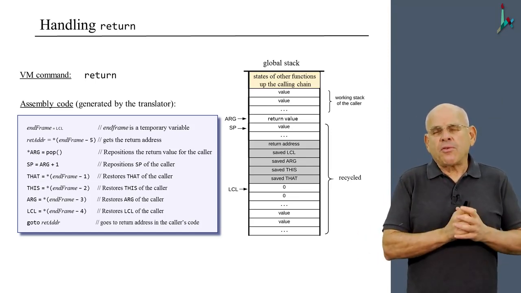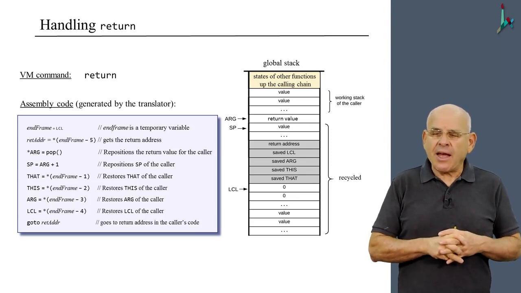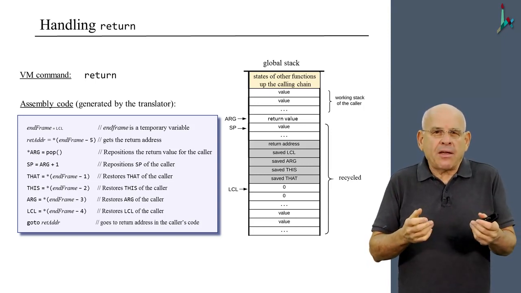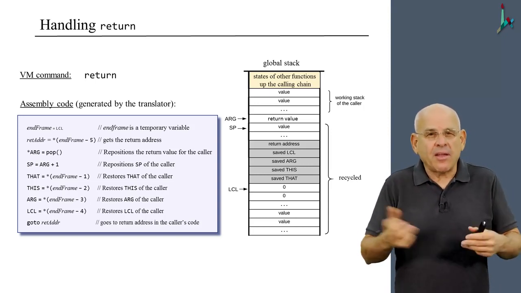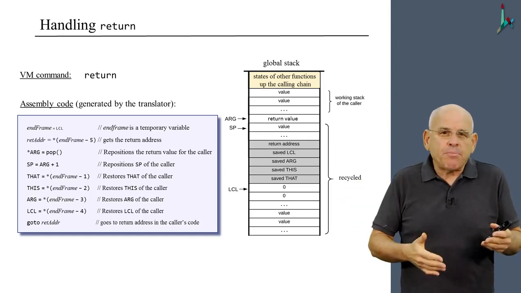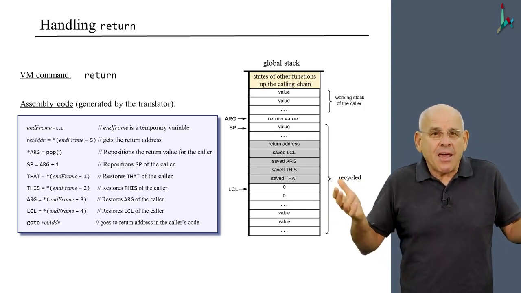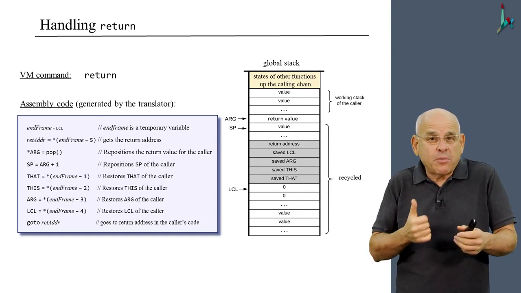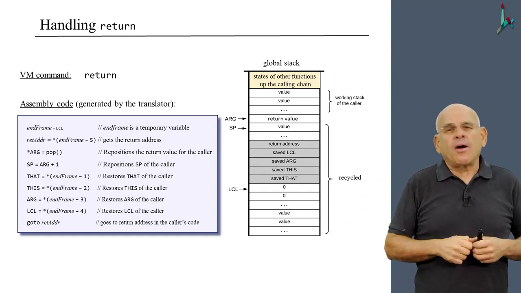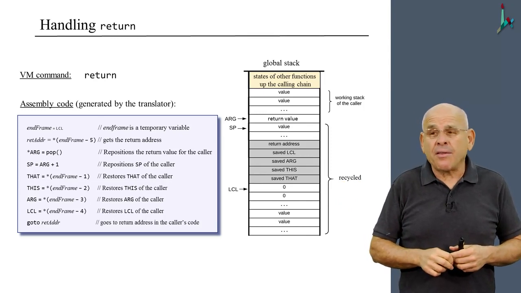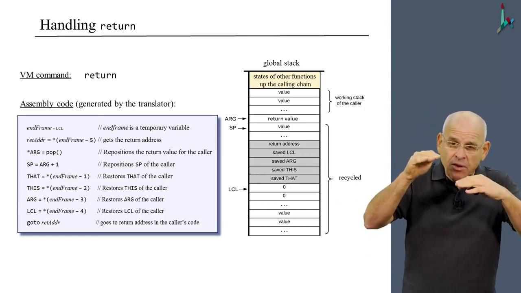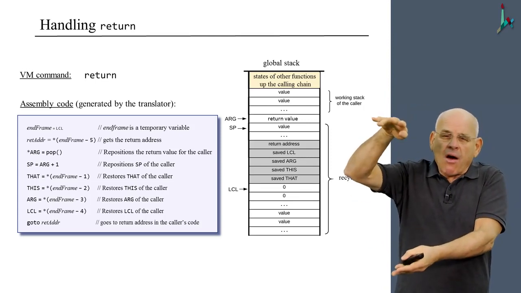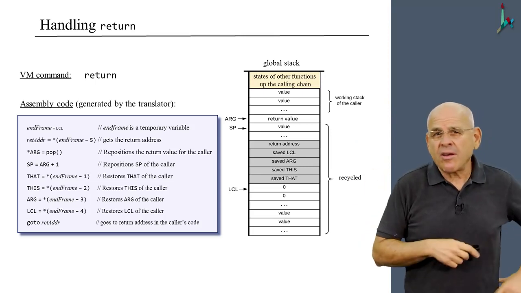Now, another thing that I want you to notice is that once I've set SP below arg, I basically communicate implicitly that everything below SP is just game, right? It's recycled, it's dead, it's irrelevant, because the next push is going to override the memory location where SP points, and then SP is going to move, and the next push will do the same. So the entire block, which is marked as recycled, is no longer relevant.